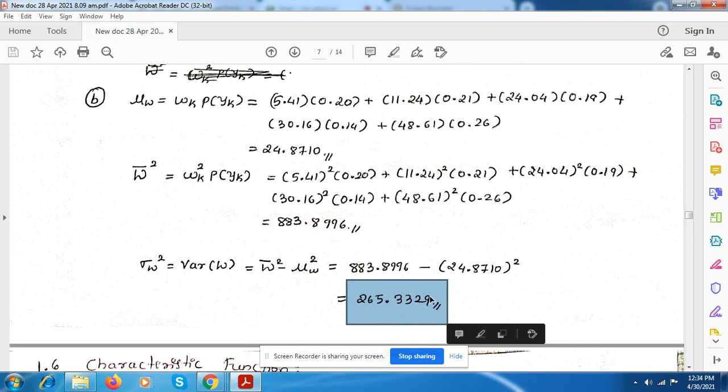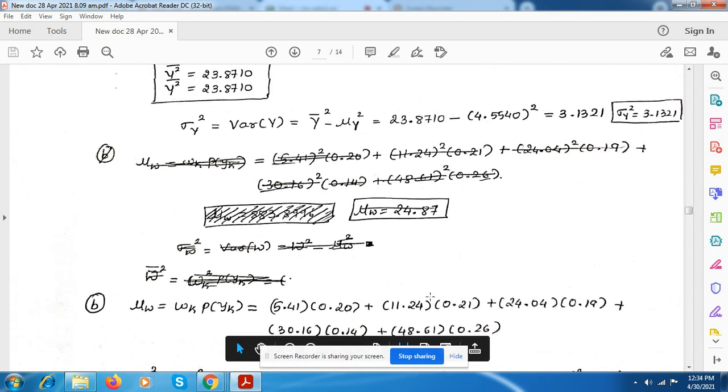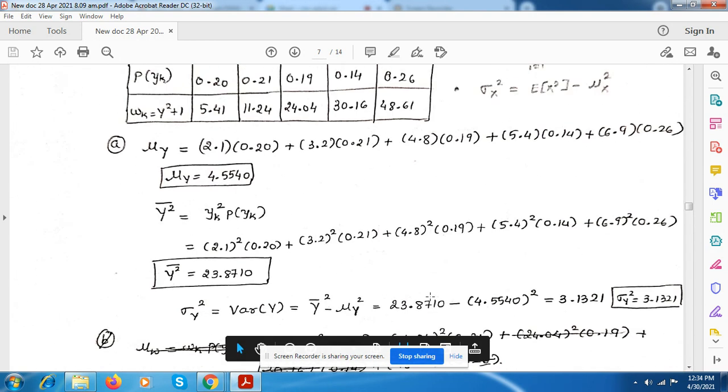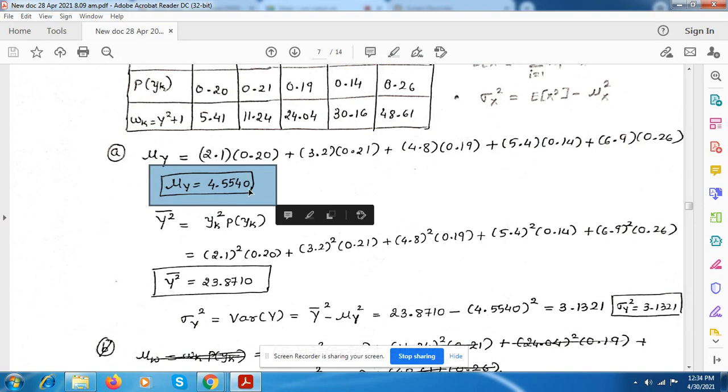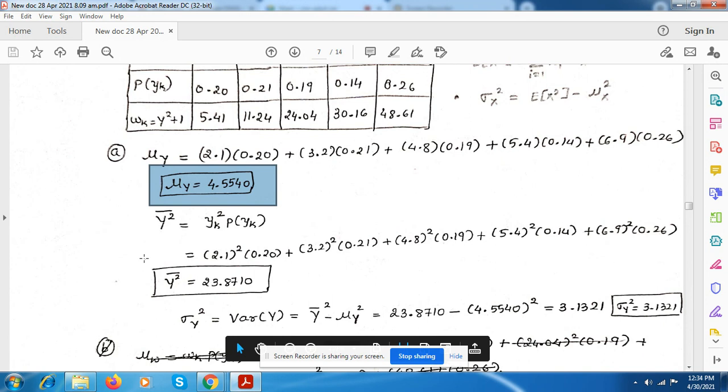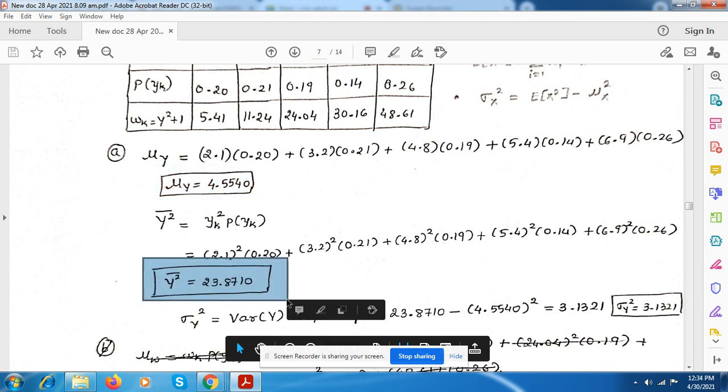So you just check all these four values. Here first, the mean of y is 4.5540, and the second order moment value for y is y square bar, or you can write it as E of y square, which is equal to 23.8710.